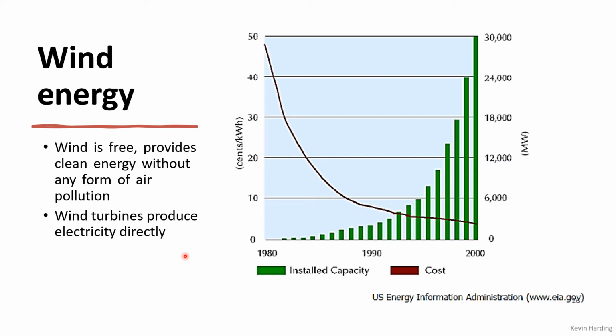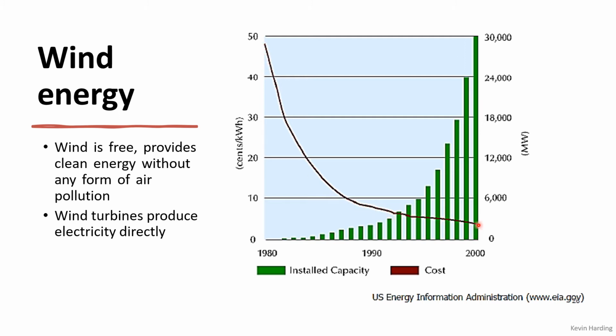One of the things that makes this favorable these days, as you can see on this graph, is that in the 1980s the cost of this was nearly 50 cents per kilowatt hour. This is coming from a US site, so that'll be American cents, dollar cents. And it drops down.